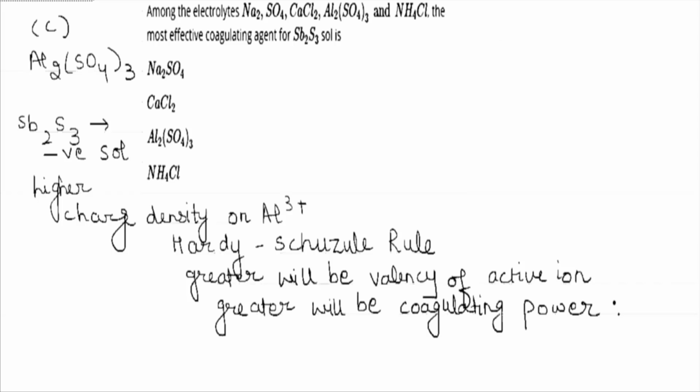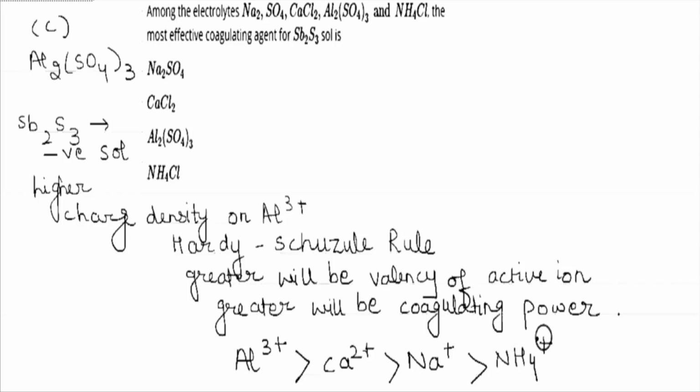So the order of effectiveness of cations will be Al3+ maximum, then Ca2+ according to the valency, then Na+, and then NH4+.